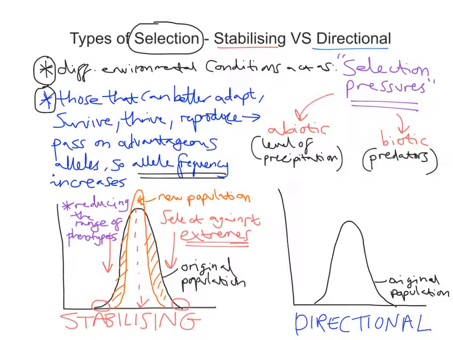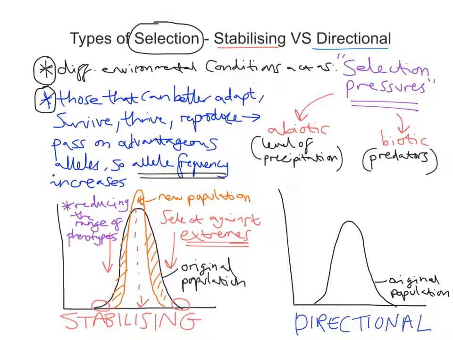So what we're saying now is that we may select against one extreme, but actually another type of extreme may be advantageous. And we shift the entire population towards that extreme. If that extreme trait, for example, is beneficial in the environment, then more of those organisms would survive, thrive, so the population is more likely over time to reflect them. So we're actually favouring one extreme.